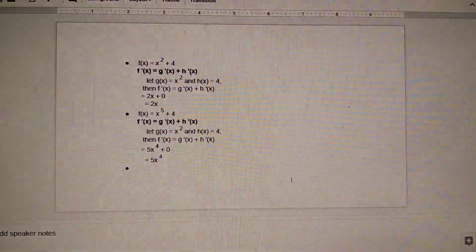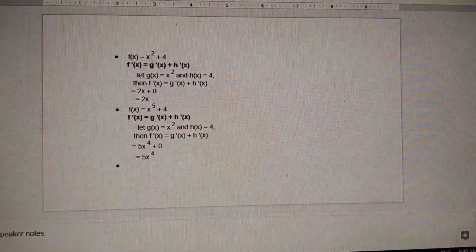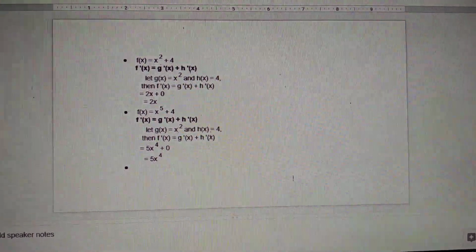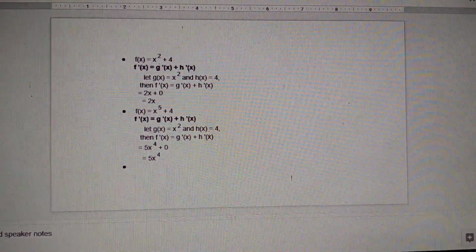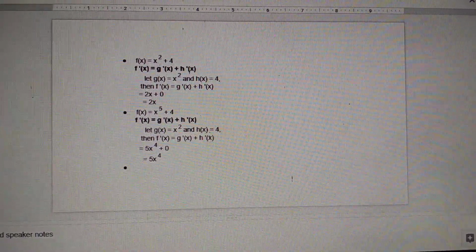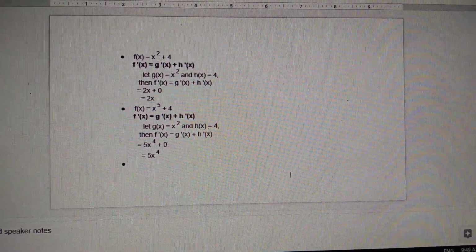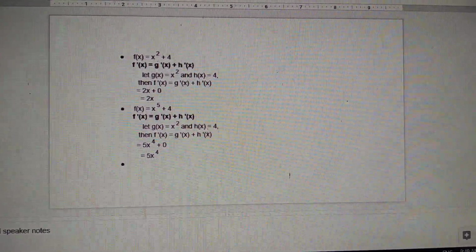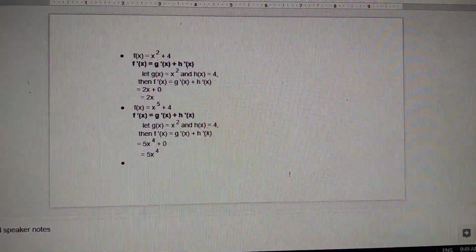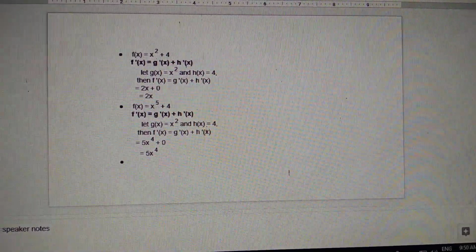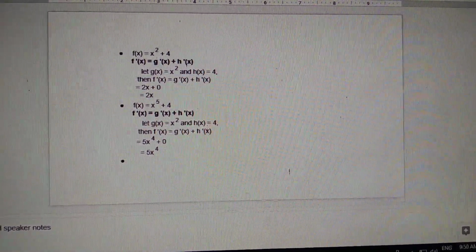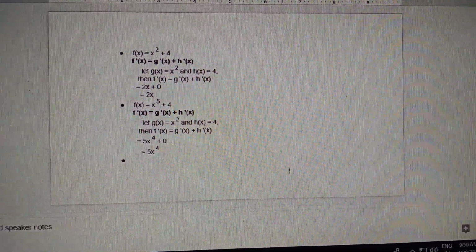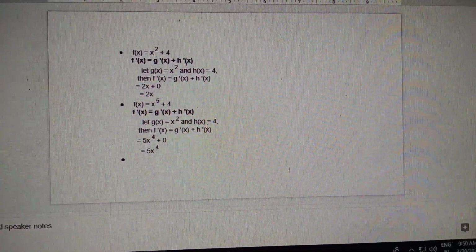Now using this concept, we solve two examples of this rule. Suppose f of x is equal to x square plus 4. Here f of x is the sum of two functions. Say g of x is equal to x square, h of x is equal to 4. Now g of x is a power of a variable. Thus using the formula, the derivative of g of x becomes 2x, and h is a constant, its derivative is 0.